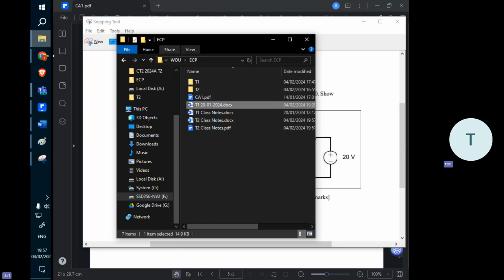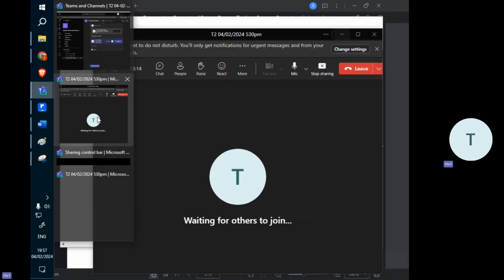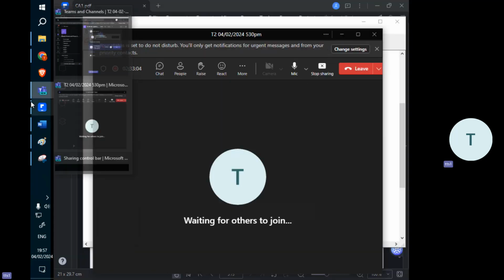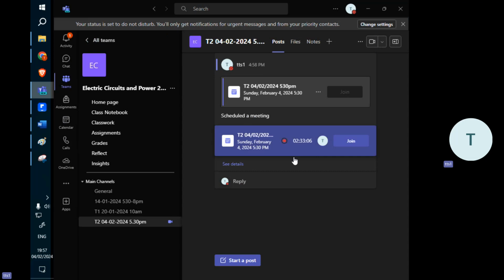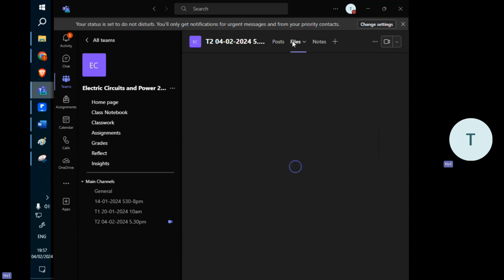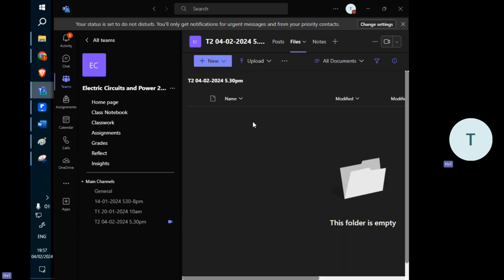Never mind, I'll put another copy here, inside this T2 file tag. I'll share the file here also.